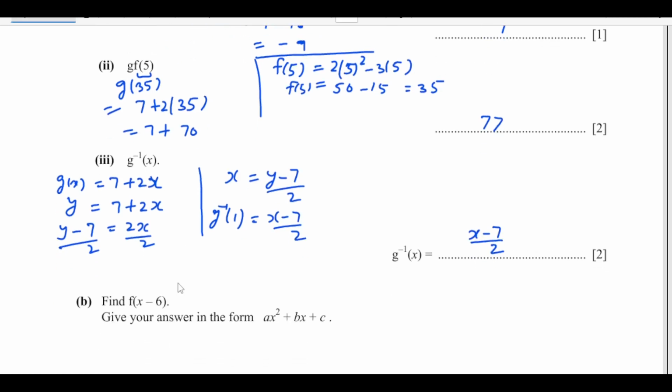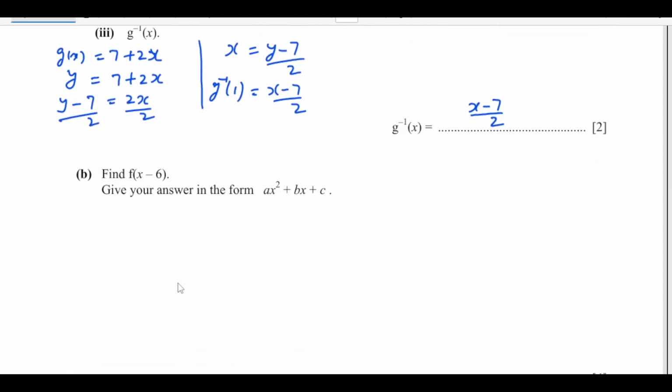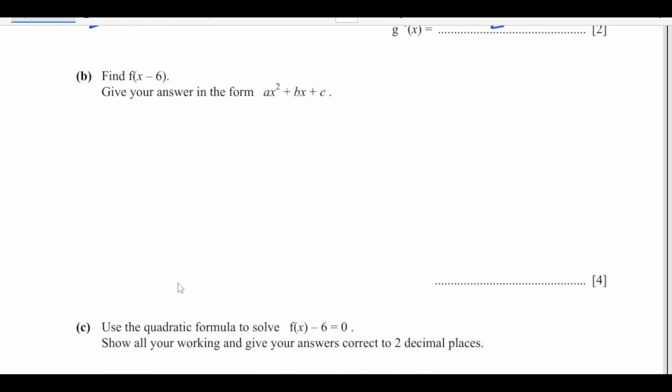Right. Now part B, find f(x minus 6), and give your answer in the form ax squared plus bx plus c. So f(x minus 6).